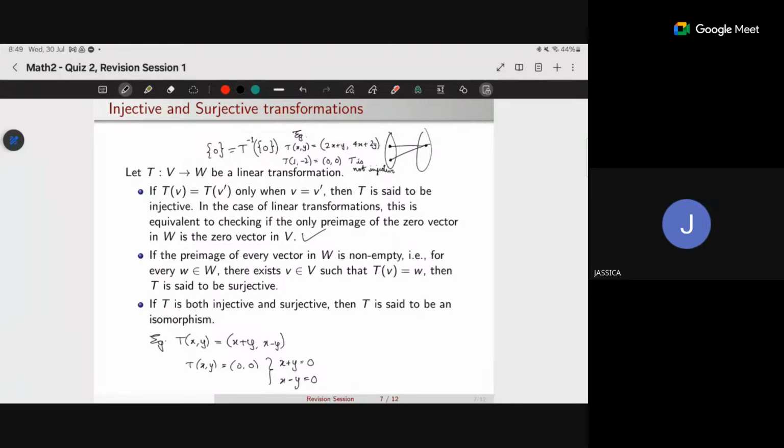Now surjectivity. What does injectivity say over here? It says that an element should not have more than one pre-image. Let me write that over here. Not more than one pre-image.